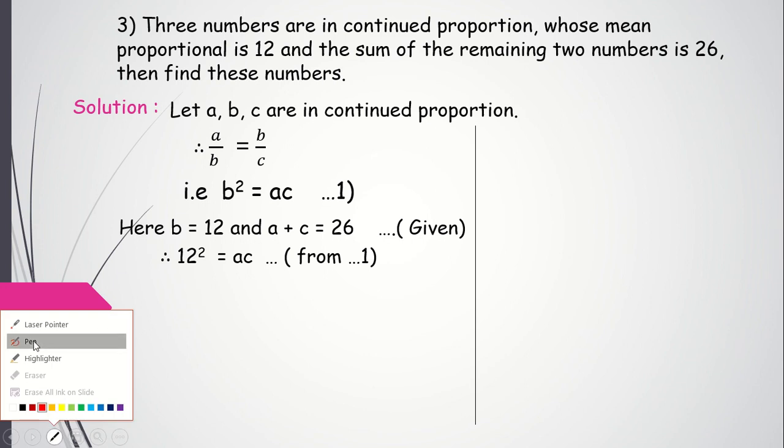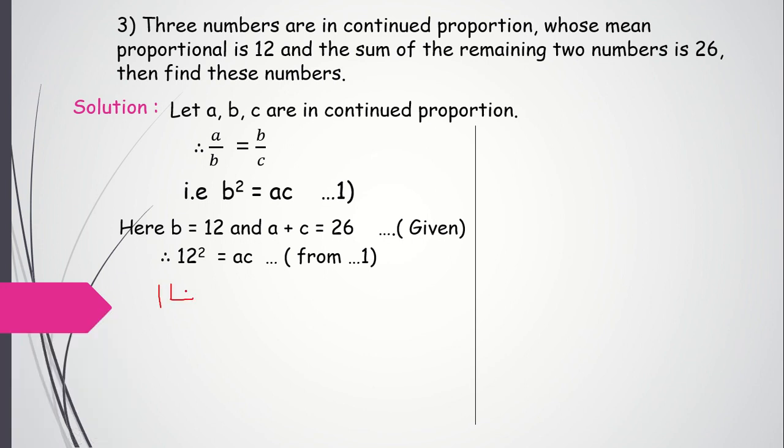Next what we do is 144 is equal to, in place of A we put 26 minus C. And this C which is outside we keep it as it is. Now you see there is only one variable C. Now already value of B we know, value of C we will get now after solving this. And then what is remaining is only A. Already we know 2. So A we can easily find using B square is equal to AC.